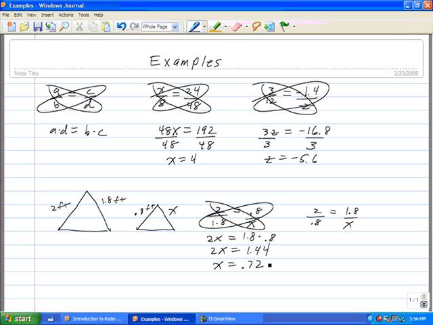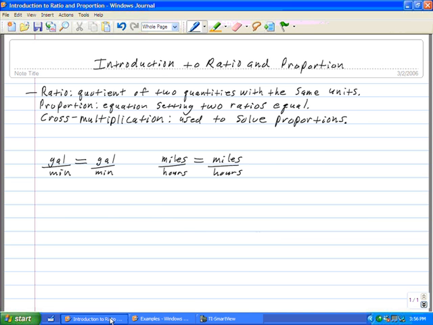So those are the way the proportions are set up, and as long as you're consistent in the setup of these proportions, then you can solve the problem using basic cross multiplication. So that's your basic introduction to ratio and proportion, and your basic introduction to solving using cross multiplication.